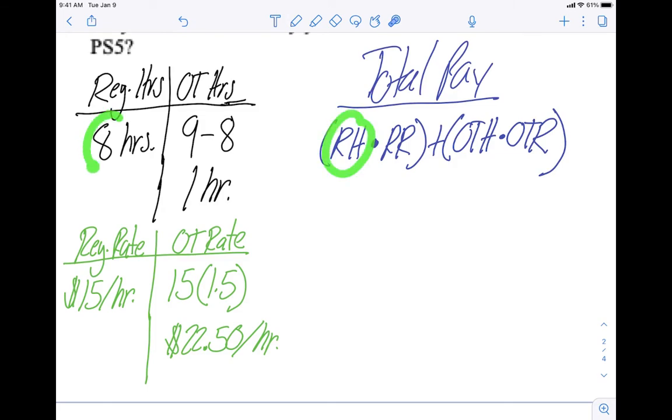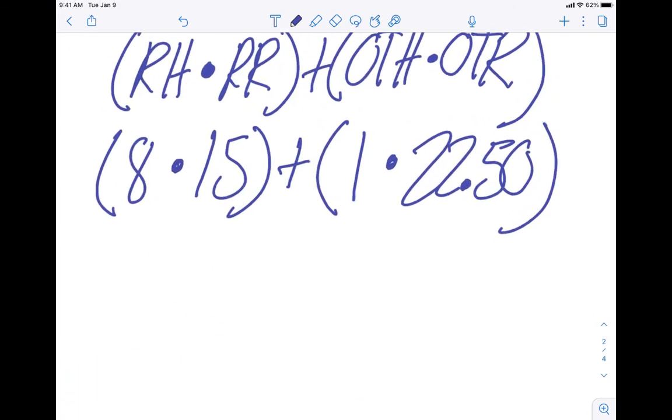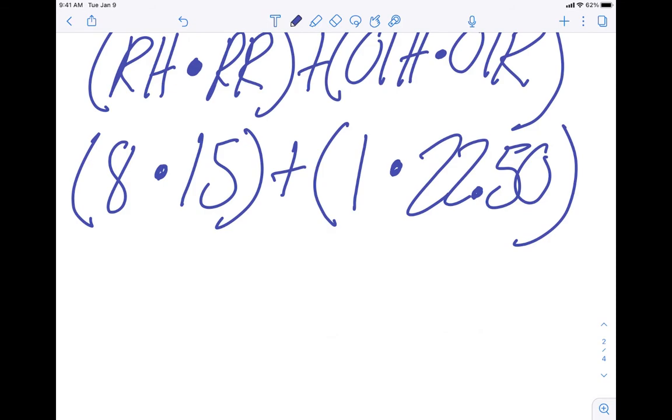Regular hours is 8. So it's going to be 8 times regular rate is $15 an hour times 15 plus overtime hours. Overtime hours is 1 times overtime rate is $22.50. Okay, so let's put this whole thing into the calculator.